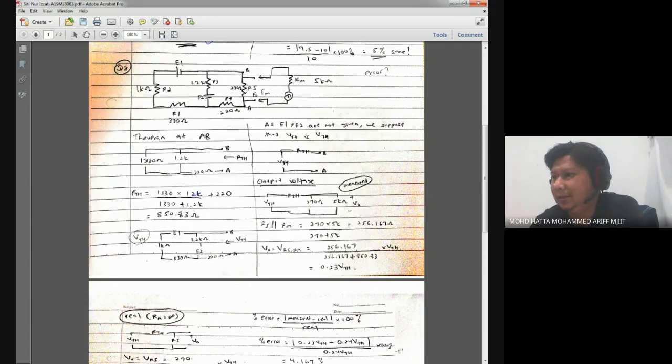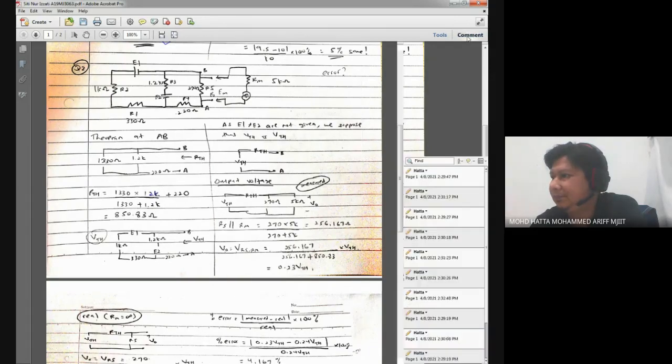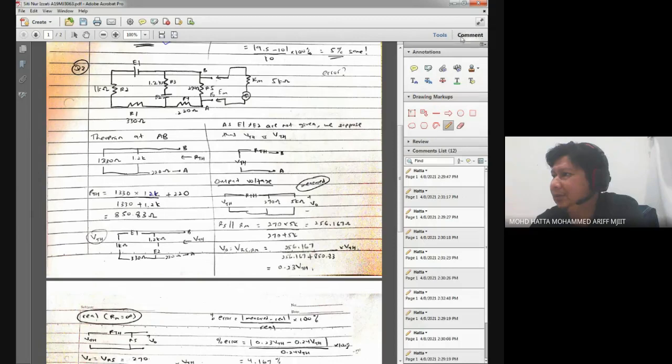Remove. And later on, this is 130. This is correct. Maybe we put some notes over here. This is correct because these two resistors are considered in series, and later on she parallels these two together.